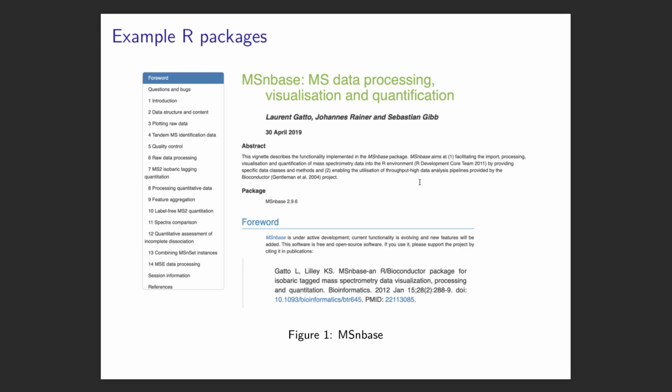This is a package by Laurent Gatto, who's teaching next door. This is one of the central R packages on Bioconductor for working with proteomics and mass spectrometry data. If you started off with Bioconductor a while ago, there's a central Bioconductor package called Biobase, and there still is this class called ExpressionSet, or ESet, that used to be used for working with microarray data.